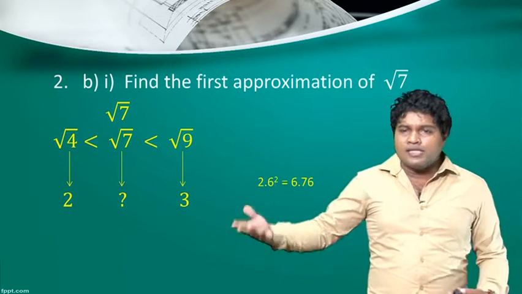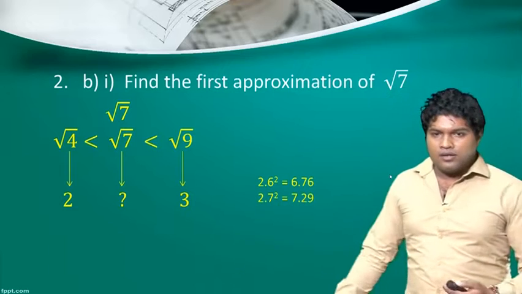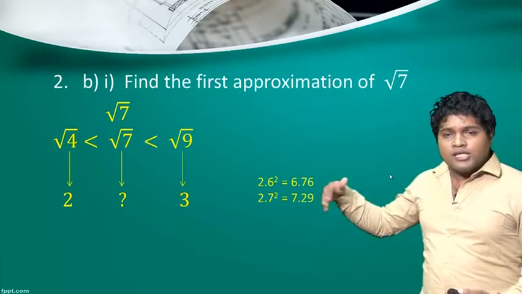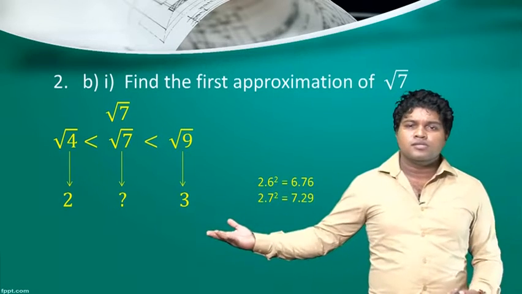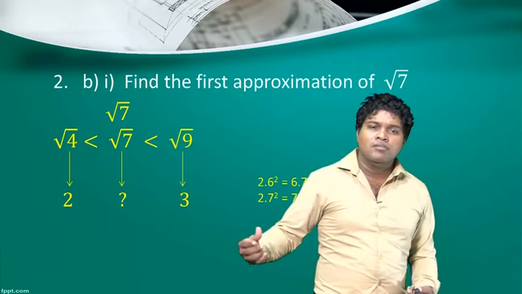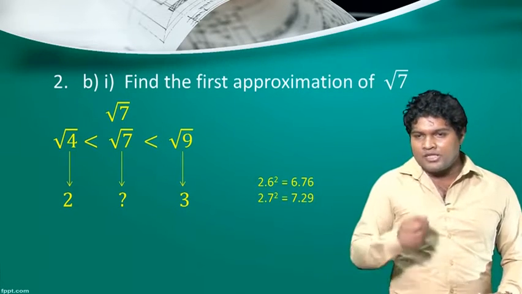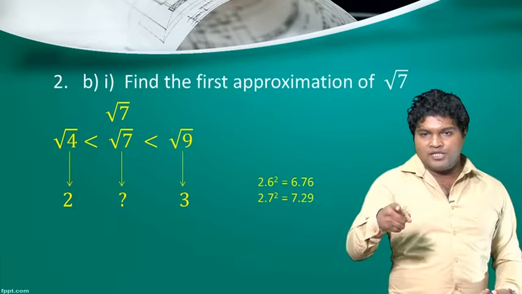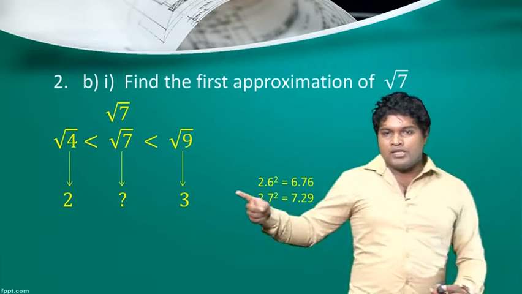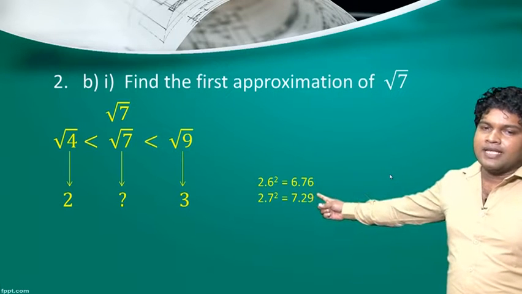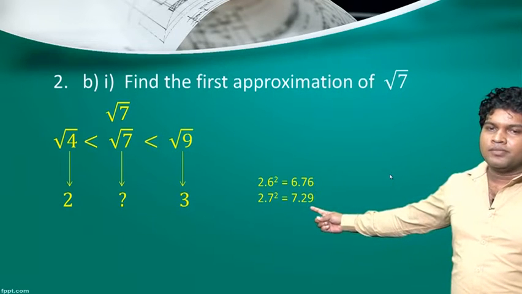Then 2.7, we'll see. 2.7 squared is 7.29. Oh, wow. This is also somewhat close. Which number is closer to 7 out of 6.76 and 7.29? This is the approximation.